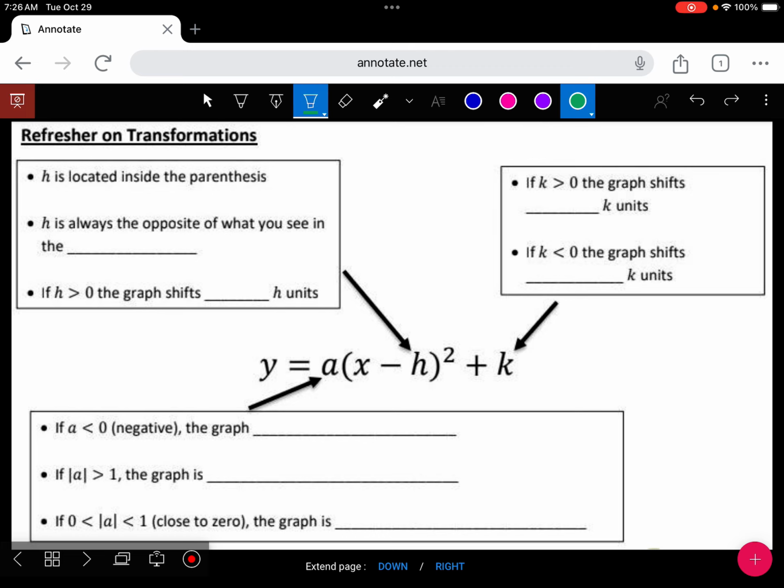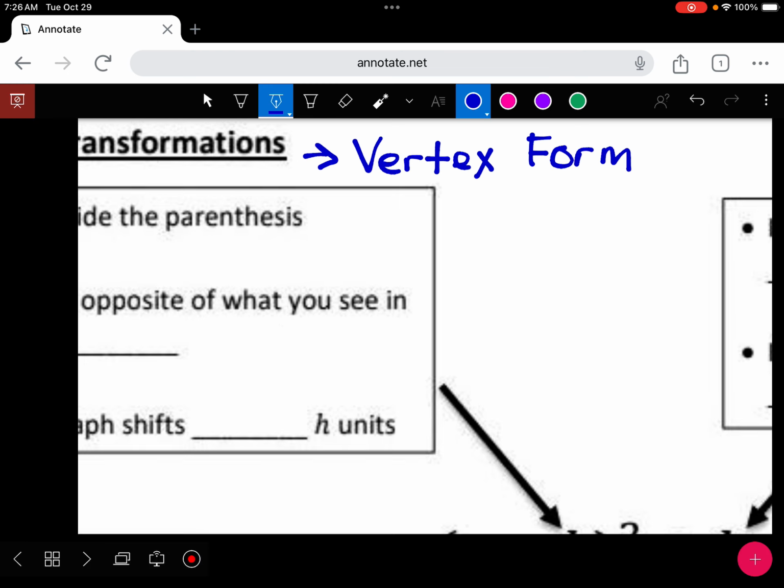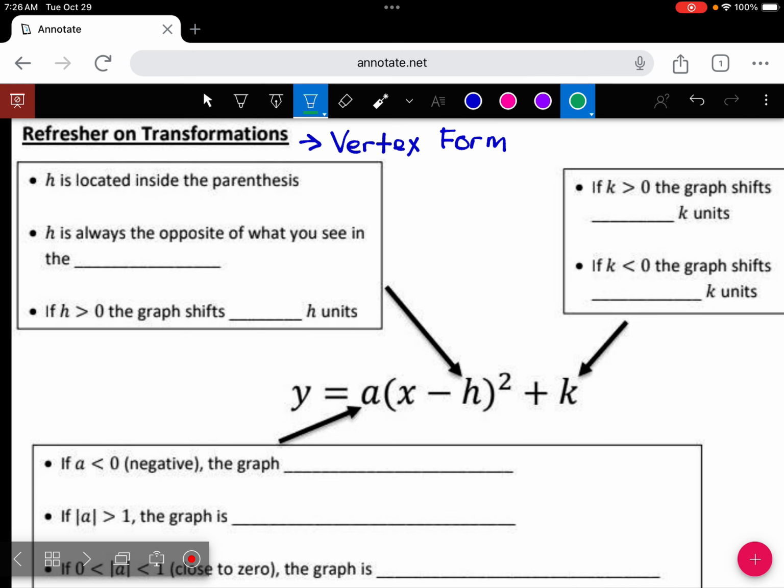So this is called the refresher on transformations. This is also regarding vertex form, is what this is also called. So I'm going to start with H because its box is on the top. H is always inside the parentheses.